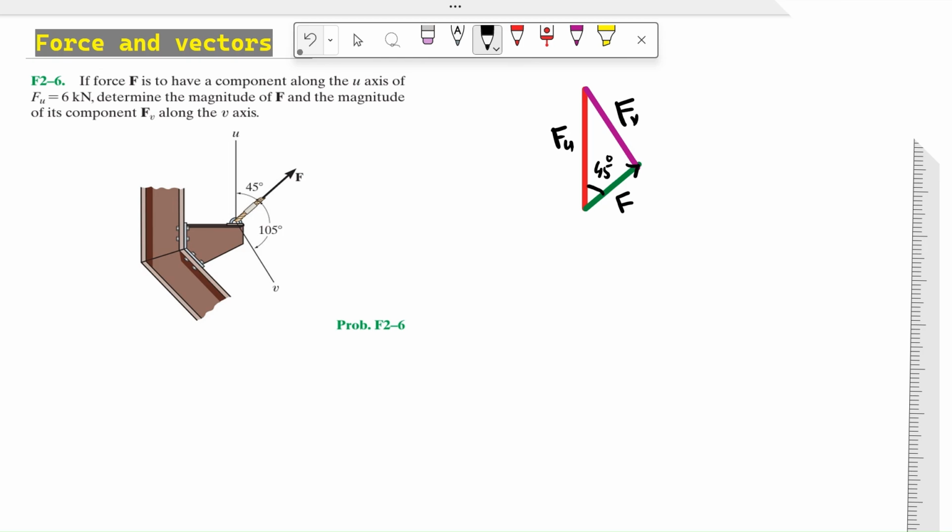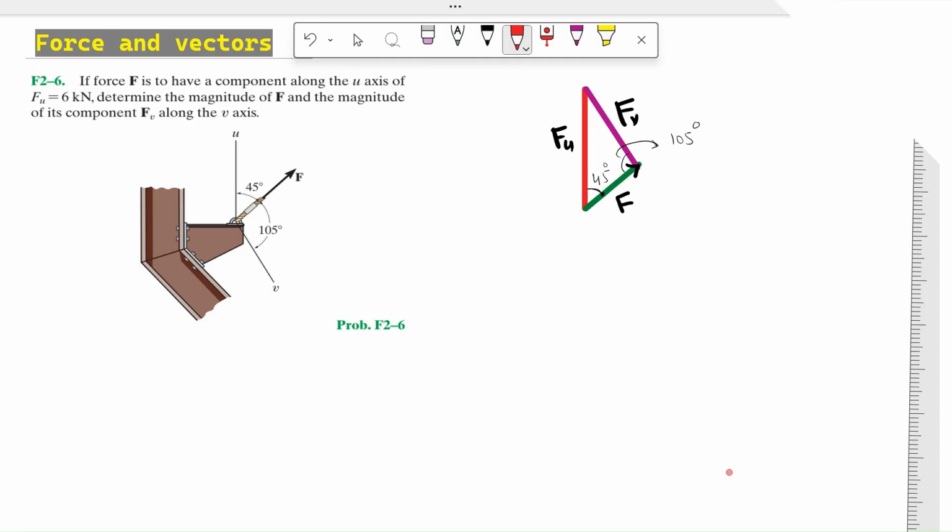Here you can see that the angle between the resultant force and its component along the V axis is 105-degree. So this angle is 105-degree, and this angle is 45-degree.